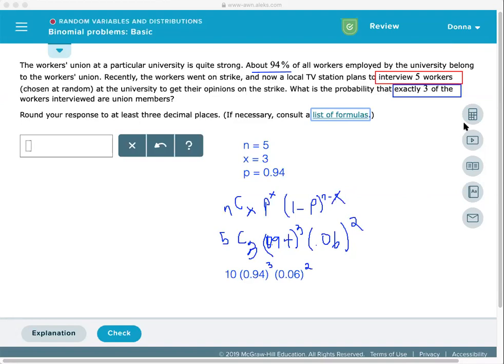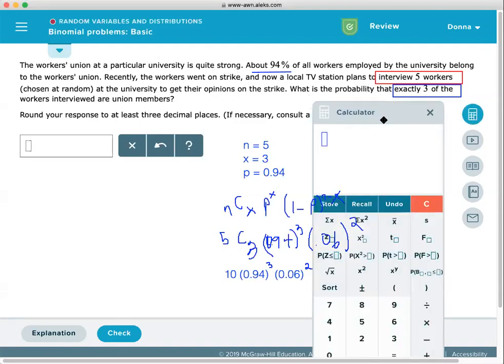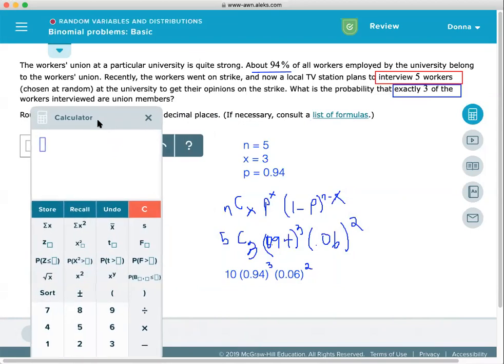So let's use our calculator to evaluate that probability. I'll hit the x to the y key to raise it to the 3rd power.